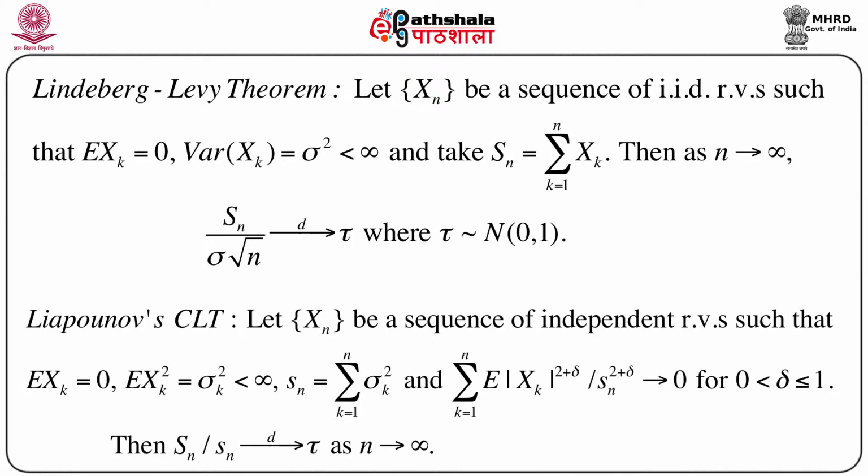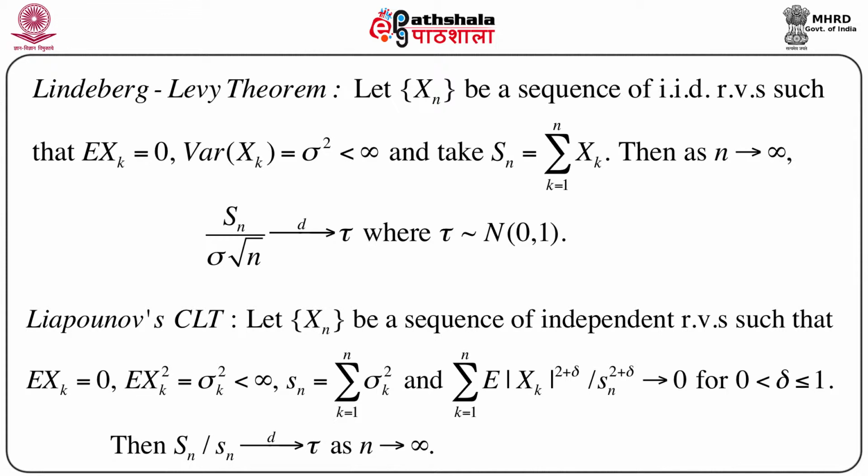Now define Sn equals the summation of Xk, that is the sum of n random variables. Then as n goes to infinity, Sn by sigma root n converges to tau, where tau follows normal(0, 1), in distribution. This states the convergence in distribution of the sum of random variables normalized by its standard deviation, as the expectation is 0.